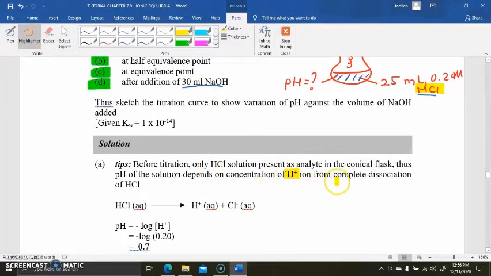Dia datang dari mana? From the complete dissociation of HCl. Semua orang kena tahu yang HCl ni sentiasa fully dissociate untuk hasilkan H plus ion. Sebab dia fully dissociate, concentration of H plus is 0.20 molar.